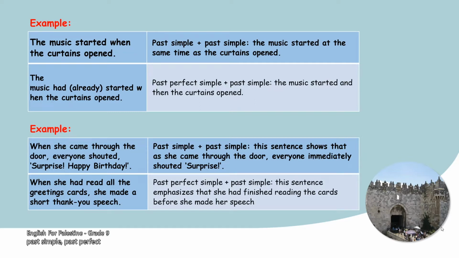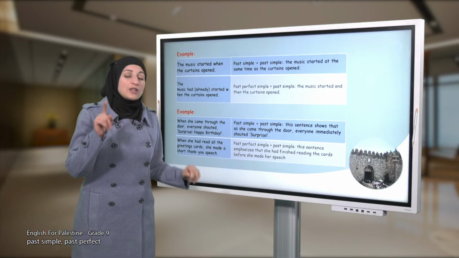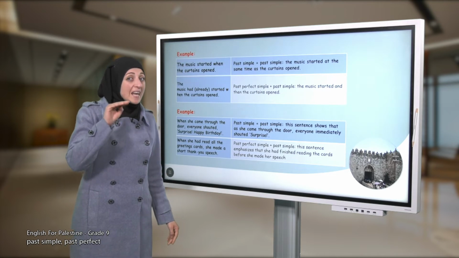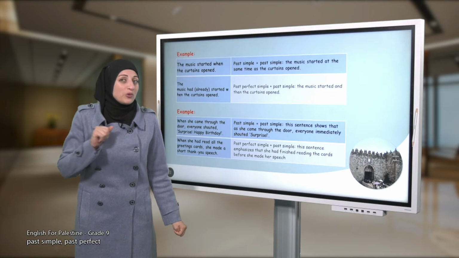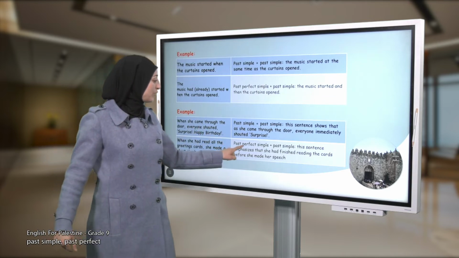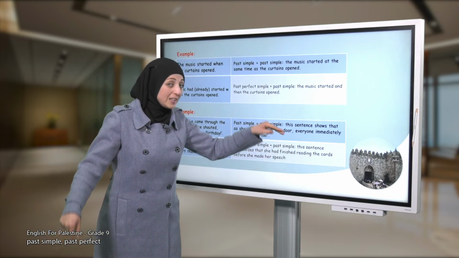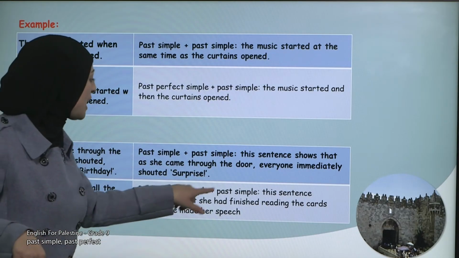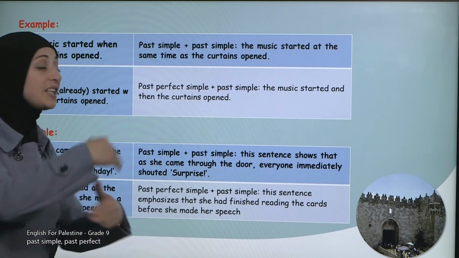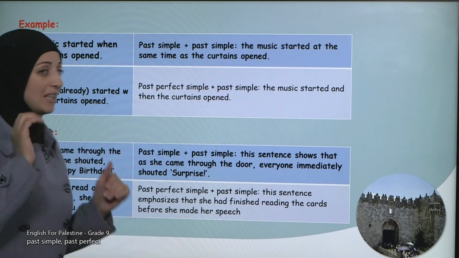Another example here: When she had read all the greeting cards, she made a short thank you speech. In this sentence, if you concentrate, there's an action that happened before the other. Which one happened before the other? Past perfect plus past simple. In this sentence exactly, she had finished reading the cards and after that, she made a speech.